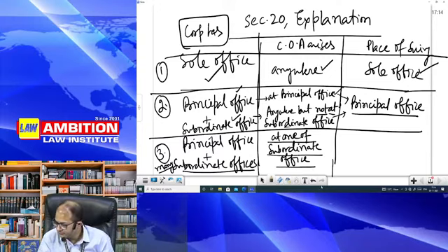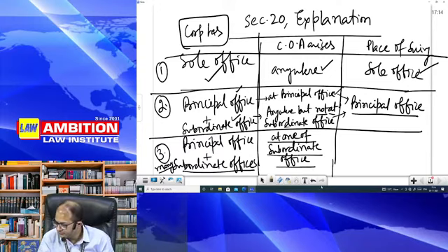That is clear, and we have already seen that just now. I don't think you should have any issue in sections 15 to 20 as such, and if you solve the questions, it will be more clear. So sections 15 to 20 basically confer territorial jurisdiction on the court according to established principles and practicality and convenience.